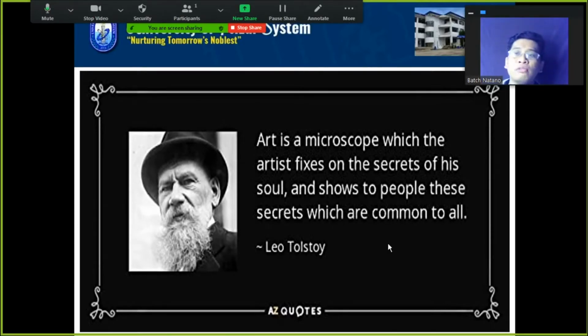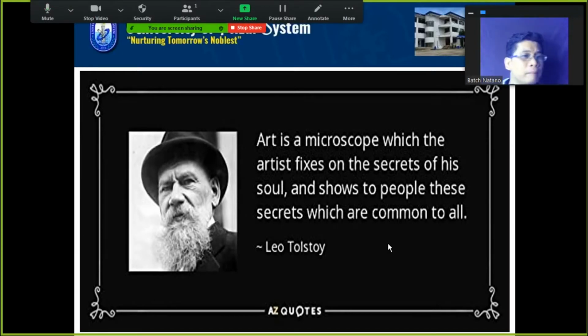So, if we do have a very wide perspective of looking at the small things, that wide perspective that we have is our natural microscope, that will serve as our lens in order for us to look at the small details of a certain work of art.